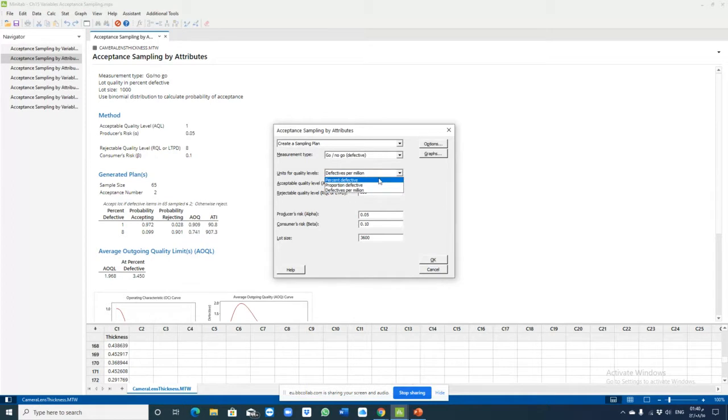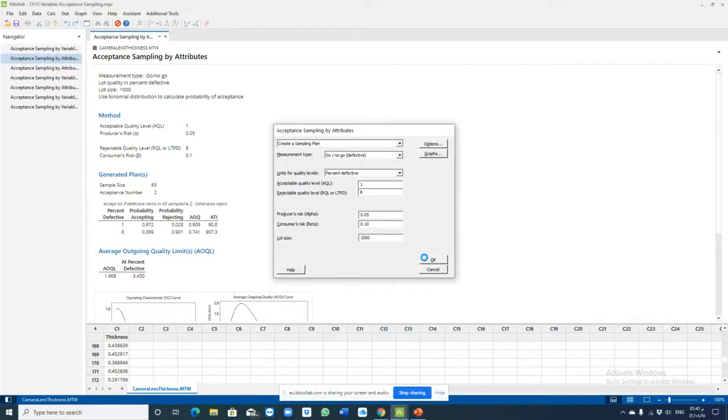And then we have a percent of defect, where the AQL was 1 and the RQL was 8. And then we have the producer risk, which is the alpha, and that was 0.05, and the consumer risk, which is the beta, which is 0.1, and the lot size was 1000.